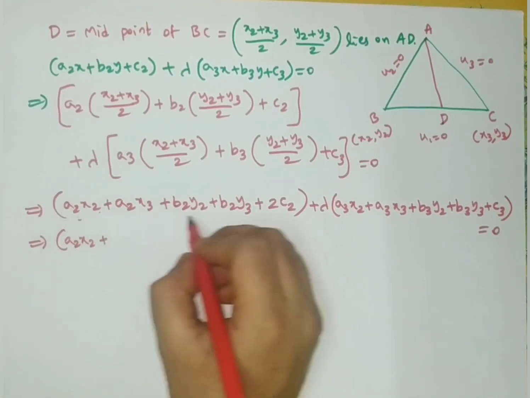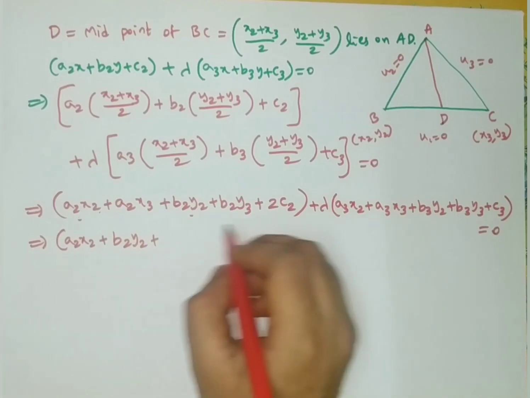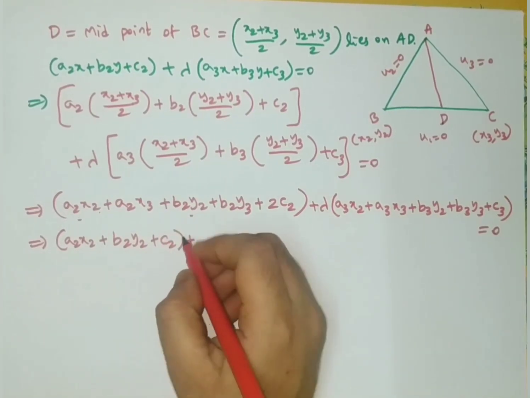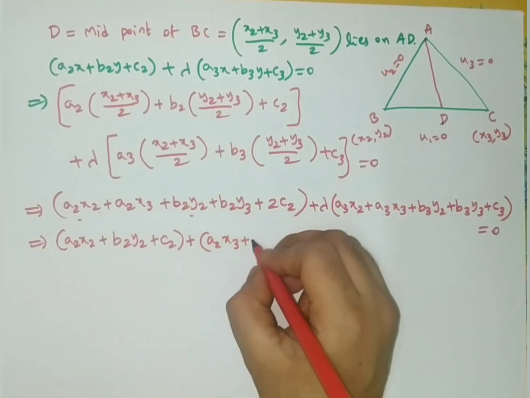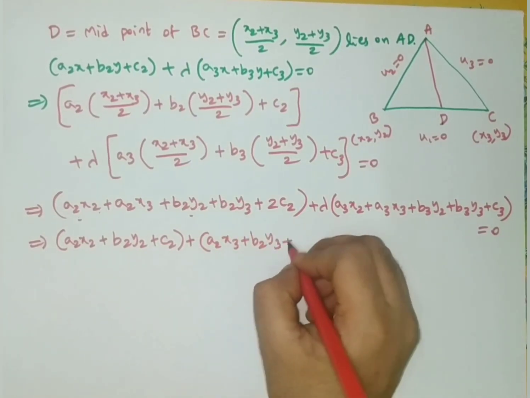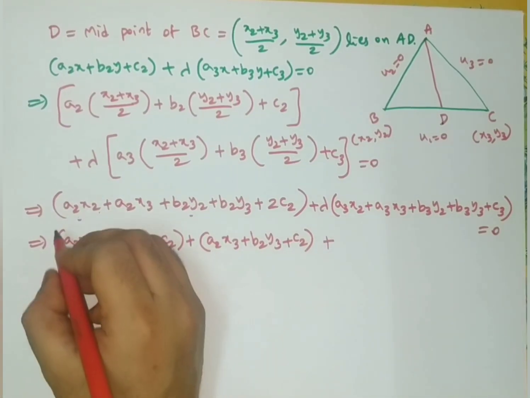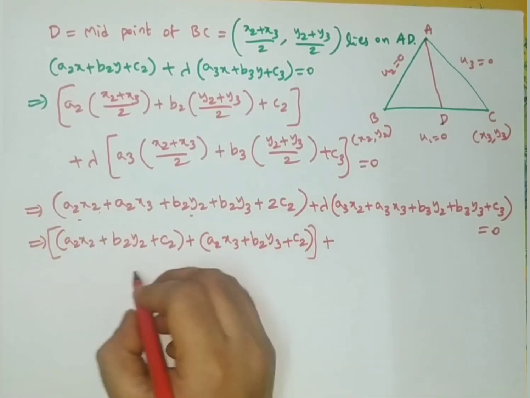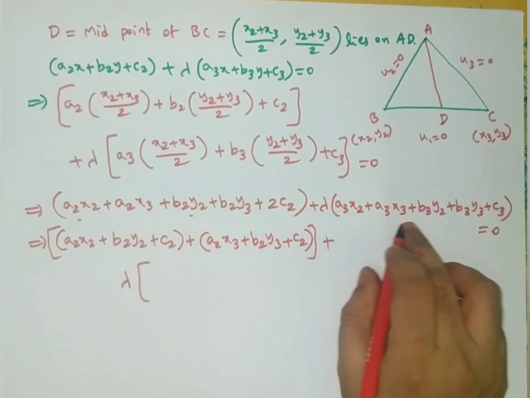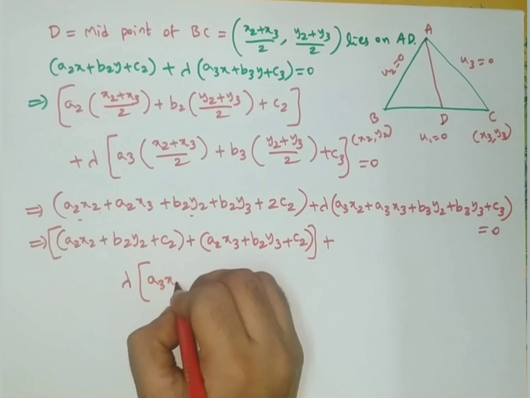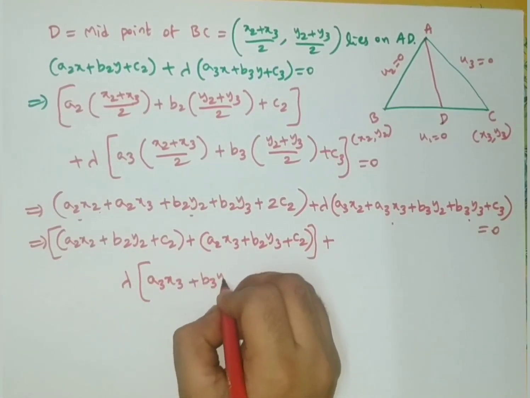plus b2 y2 plus, in 2c2, let us write one c2 here, plus what are the remaining terms? a2 x3 plus b2 y3. One more c2 is there, now write down here. Plus lambda into, same here, write down a3 x3 plus b3 y3.